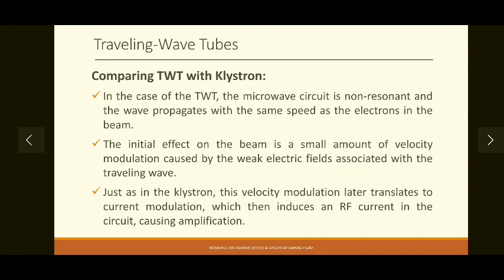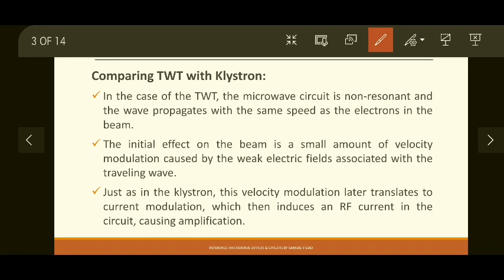So comparing the TWT with klystron, we have said that klystrons and TWTs are slightly similar and slightly different also. So what are the similarities? In case of TWT, the microwave circuit is not resonant. This is important. And the wave propagates with the same speed as the electrons.